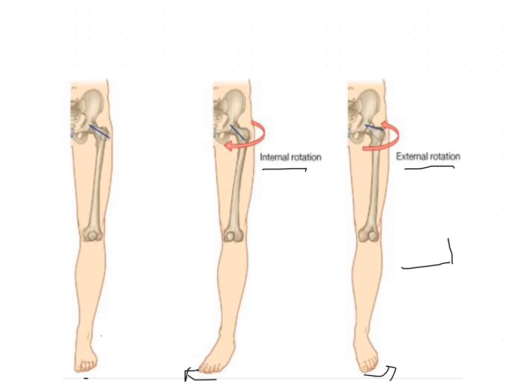The angle of torsion is increased in anteversion, which means the femoral head is already laterally rotated from the normal position.